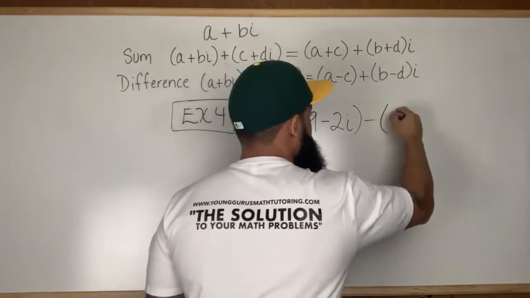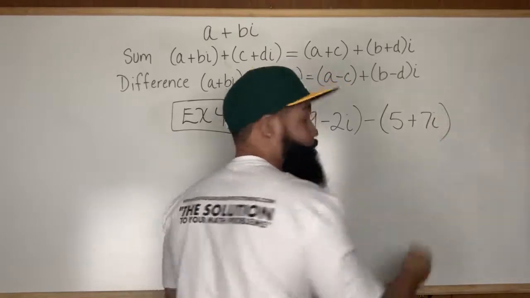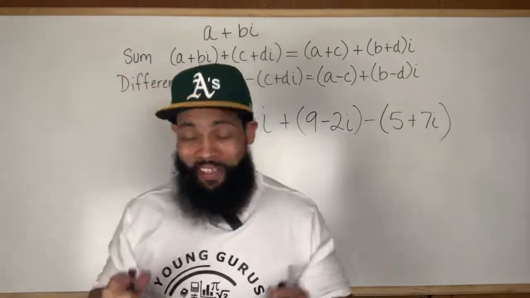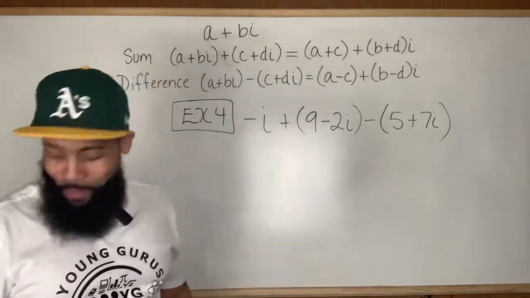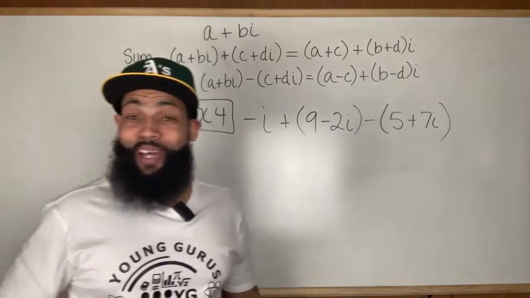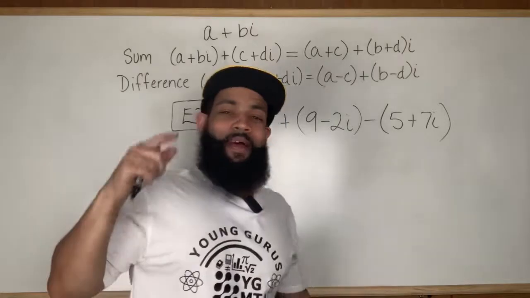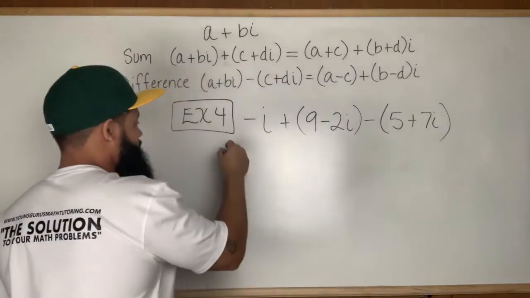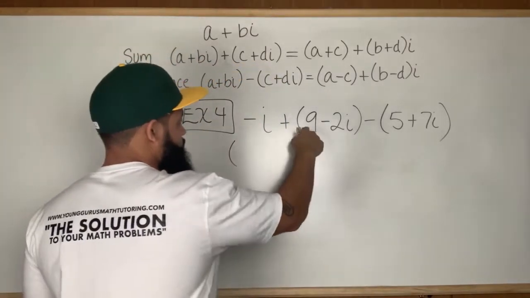This time I'm going to make sure that I write it properly. So I'm going to look at the example again. So negative i plus 9 minus 2i minus 5 plus 7i. I wrote it correctly this time. And we're going to do it. Remember, let's get the real parts first. So this is real.